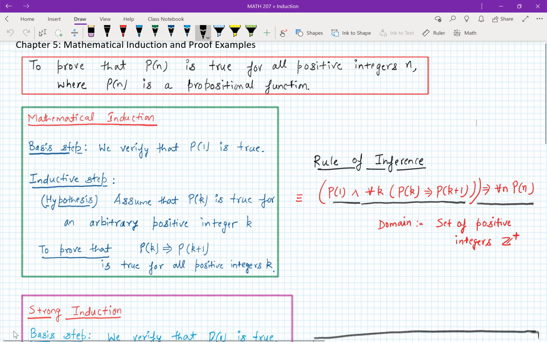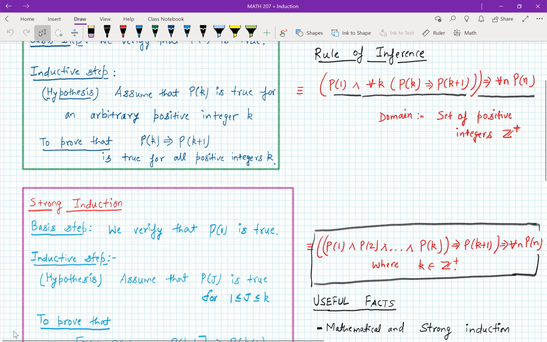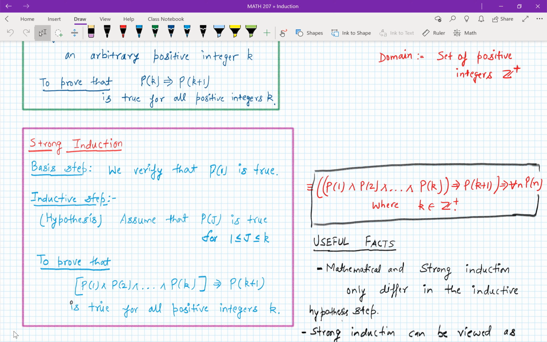When we look at the structure of strong mathematical induction, it also has two steps. First is your basis step, and let's suppose we want to prove the same statement P of n for all positive integers n. In my basis step, I have to verify the base case, which is the first positive integer, n equals 1. So I have to verify that P of 1 is true.